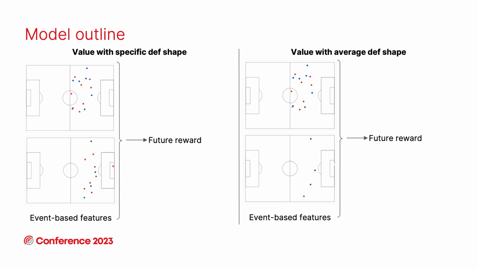And then we want to compare that to the average over the typical things that the defending team would have done from that state. That's on the right there. So we train two models and then compare the outputs, both of which have very similar inputs and predict the same thing. The difference between these is going to give us a notion of how good the transition of the defending team was to where they ended up.